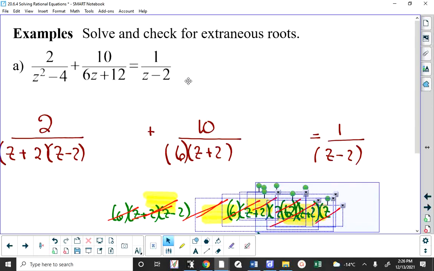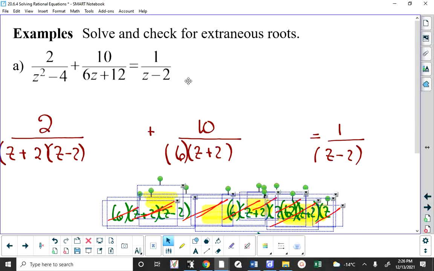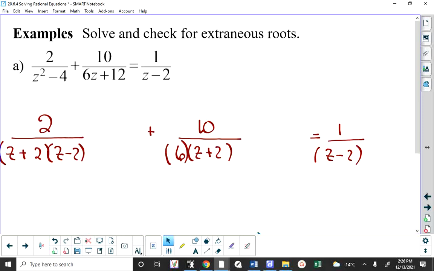We were here. All right. So, I think if you do it this way, you're less likely to mix up what we were doing Friday with what we're doing today. Because, just to recap, on Friday, you found a common denominator to change everything to that common denominator. But today, we're finding it to eliminate the denominators.